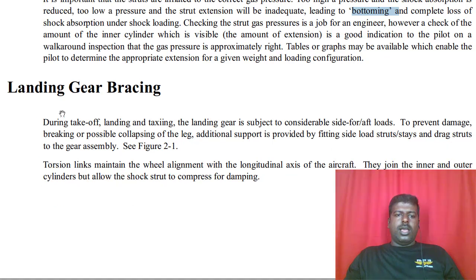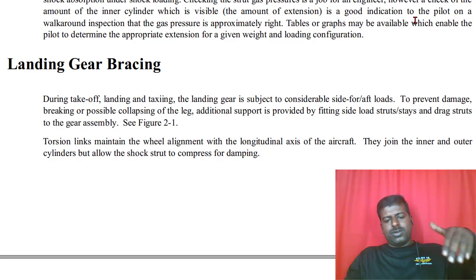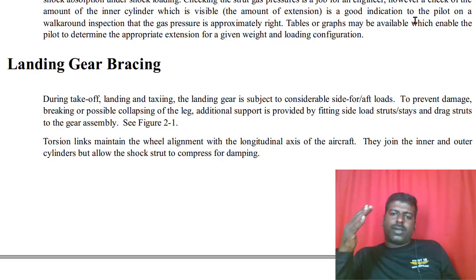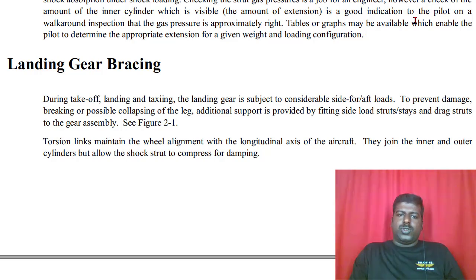Then comes landing gear bracing. During takeoff, landing and taxiing, the landing gear is subject to considerable side, fore and aft loads. That means when the aircraft is in the landing phase, or during the takeoff run, or in taxi, while it is on the ground and moving, there will be considerable loads to move sideways also.